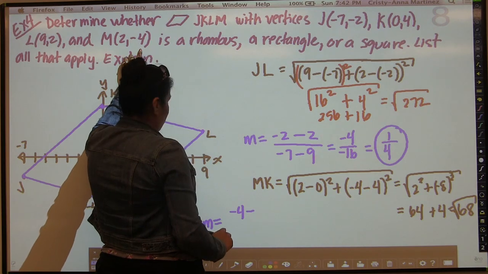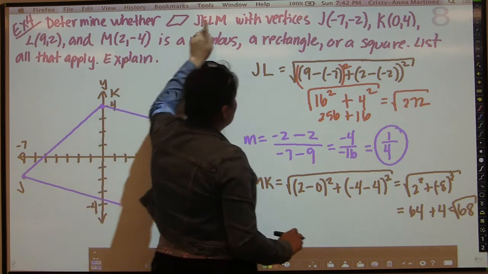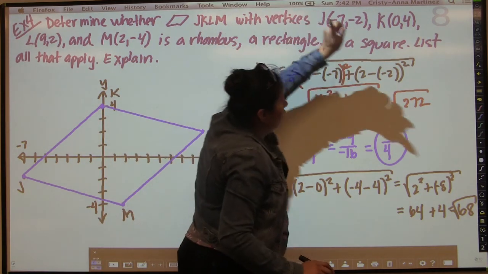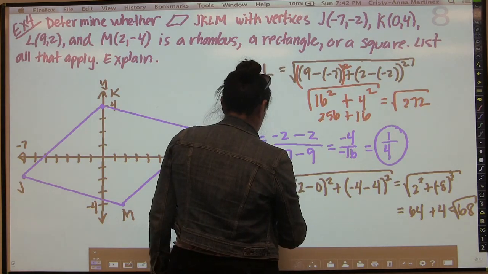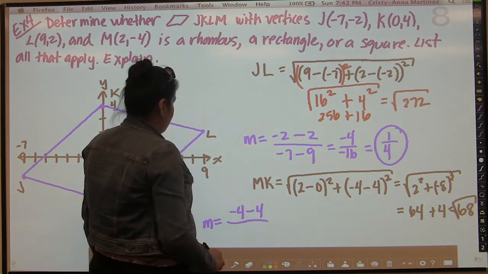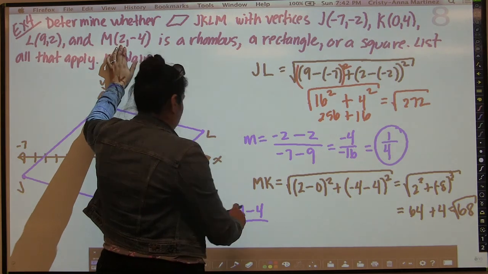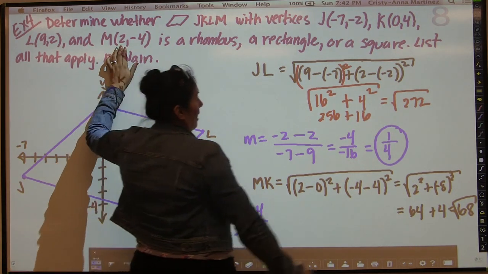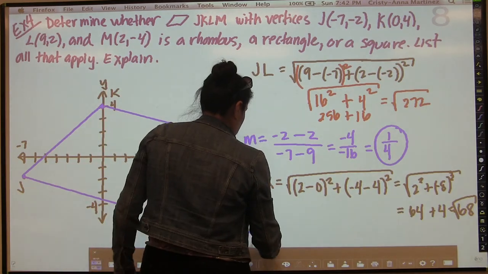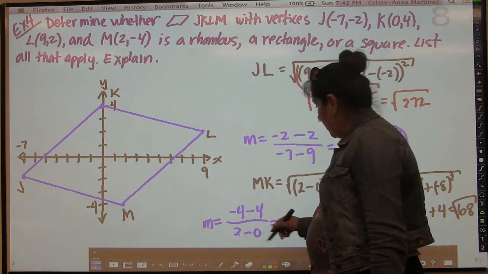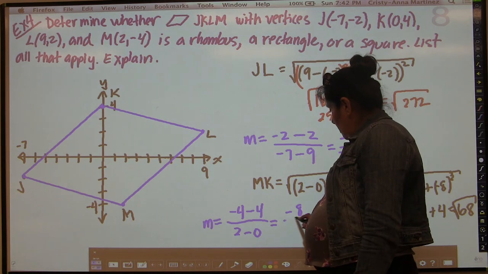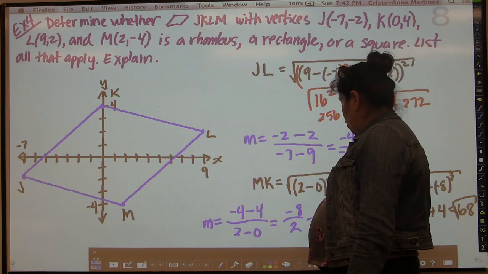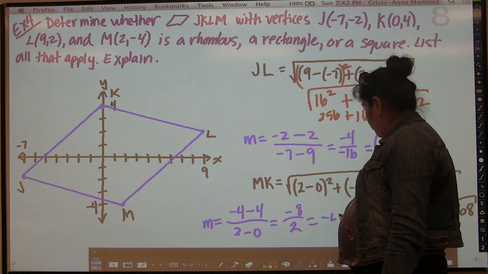Subtract the y-coordinate of K, which is 4. And then we want to go back to M, with the x-coordinate 2, and subtract the x-coordinate of K, which is 0. So we get -4 minus 4, which is -8. And 2 minus 0 is 2. And sure enough, -8 divided by 2 is in fact -4.